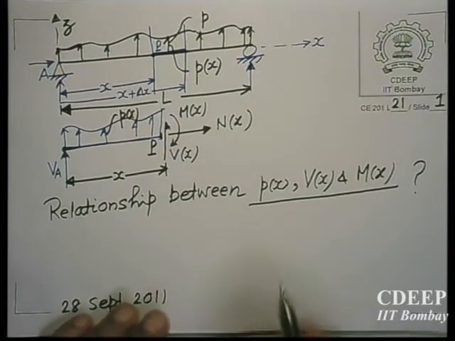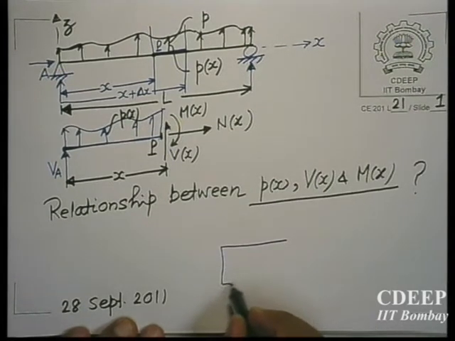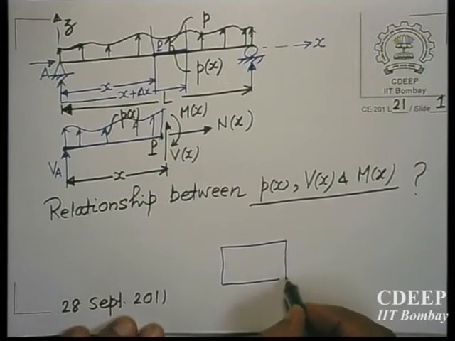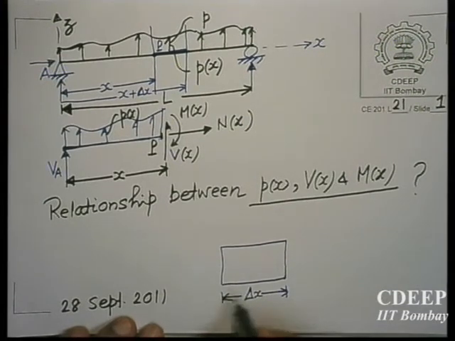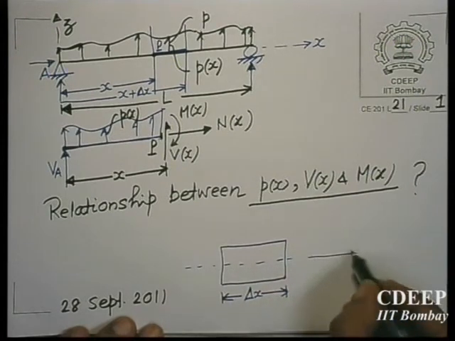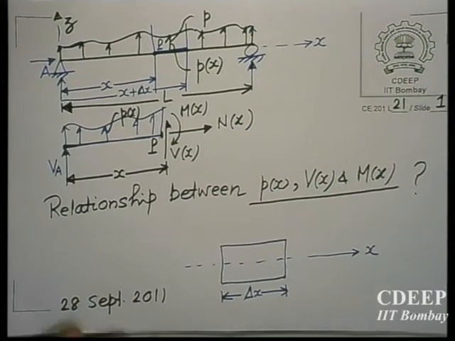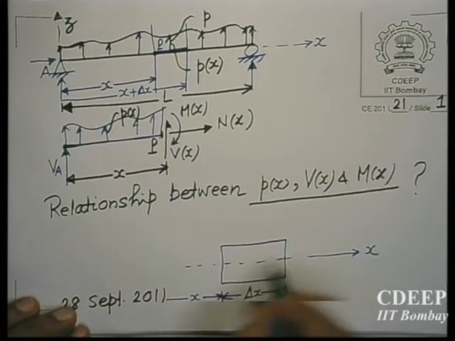So, you have a beam here whose length is only dx. I am drawing also the depth here because it becomes clear. This is the center line, this is x, and x plus delta x is here.